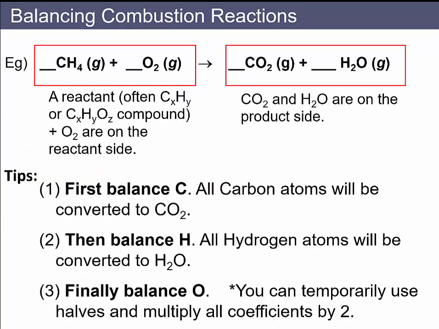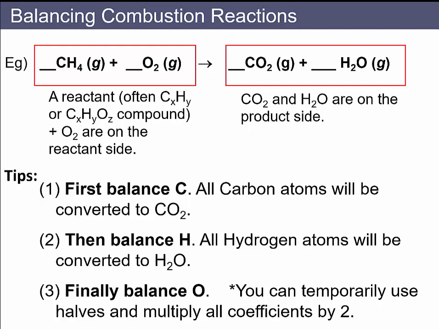Balancing combustion reactions, like I said, follows a pattern. They're fairly straightforward to do. We're going to have some sort of reactant. It's going to be CxHy or CxHyOz on the left, and we're going to end up with carbon dioxide and water on the right. We will talk about different types of reactions. There's a couple of different types of reactions, like single displacement or double displacement or combustion or redox. Combustion is one of the main classes of reaction.